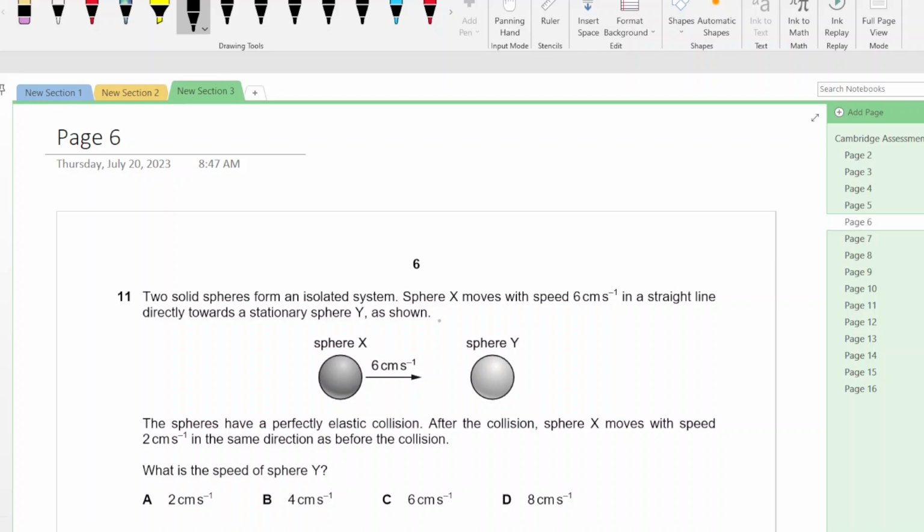The speed of sphere Y initially is 0, and collision takes place here. Then sphere X moves with speed 2 centimeter per second, and sphere Y moves with speed v centimeter per second.